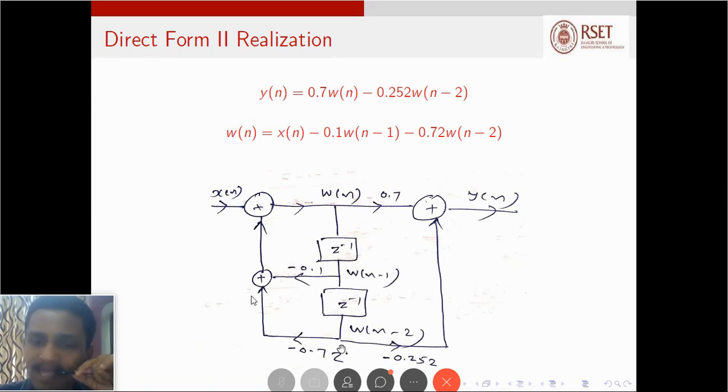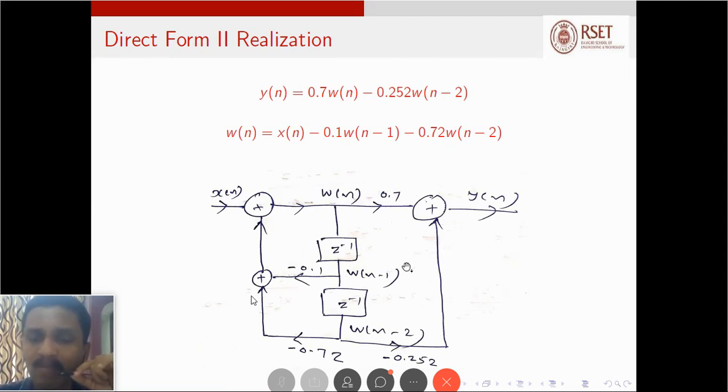Similarly, if w of n minus 3 is available, you can include more delay elements like this, multiply the corresponding terms with the constants and add them. So you will obtain y of n is equal to 0.7 w of n minus 0.252 w of n minus 2. This is the idea behind the realization of direct form 2.